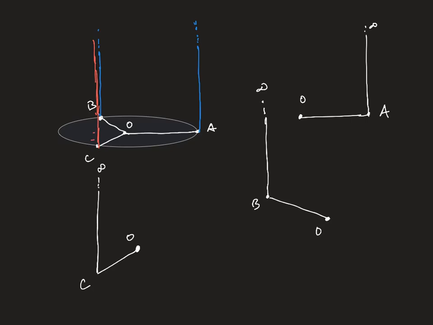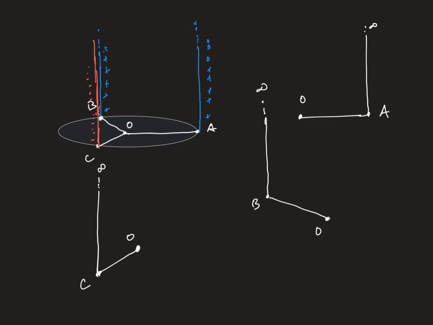C is negatively charged, B is positively charged in blue, you can notice, and A is also positively charged. Now we have to find the field at O, and for that I have taken 3 separate diagrams, due to A, due to B and due to C, that will help solve the problem. So let's start working on it.